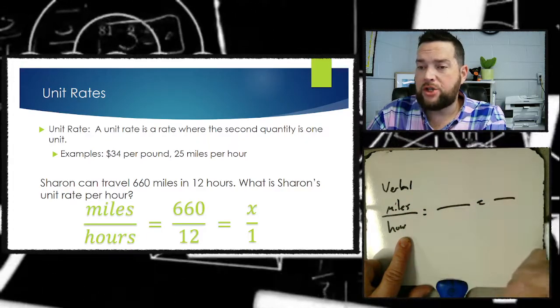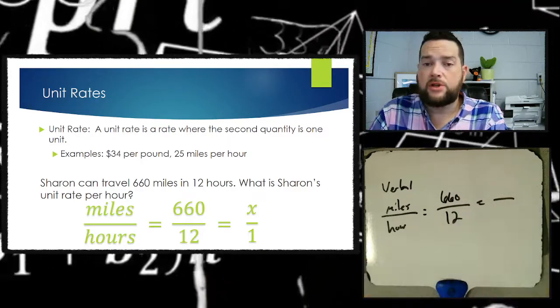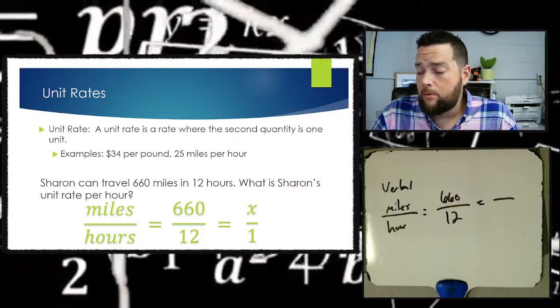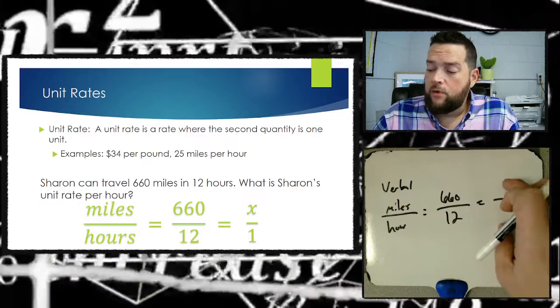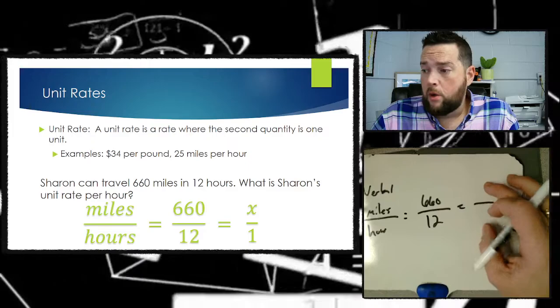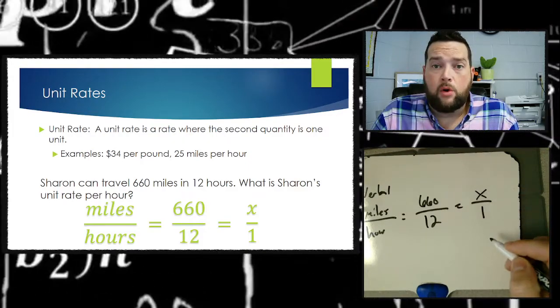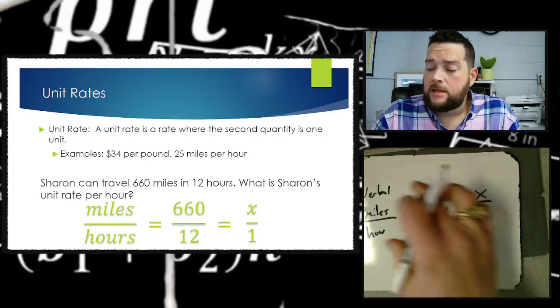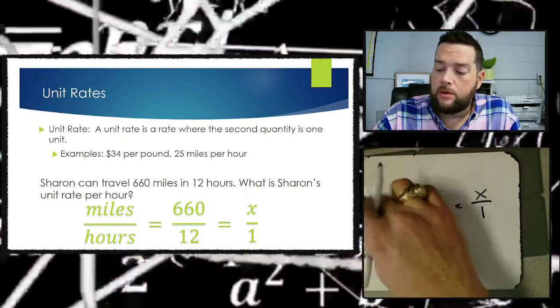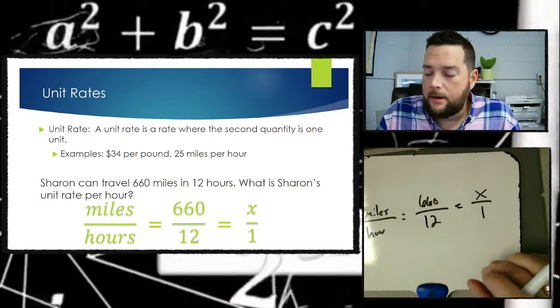The second ratio is a given ratio, the numbers given inside the word problem. The third ratio is what I call a variable ratio. We want to know how far she can travel in just 1 hour, which is a unit rate. That's how you fill in a proportion map.